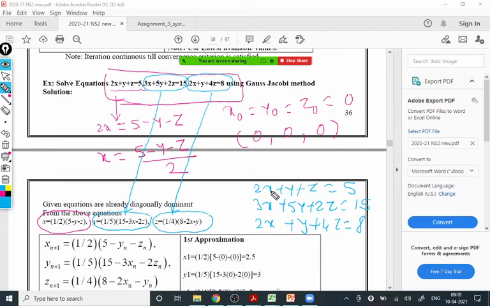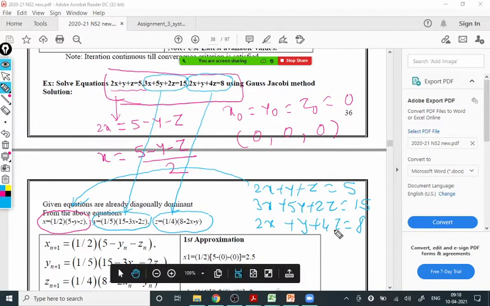That should be there. If we take that equation as the formula for x, the coefficient of x should be larger there. Similarly, in the second equation, the coefficient of y is larger than the coefficients of x and z. And in the third equation, the coefficient of z is larger than the coefficients of x and y. That is known as diagonally dominant.